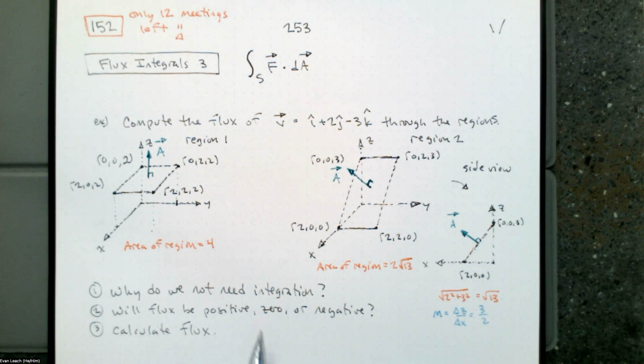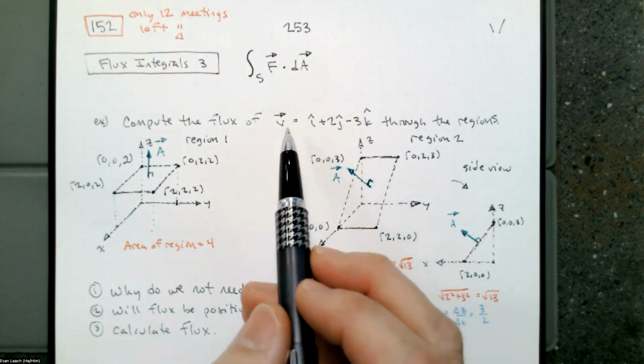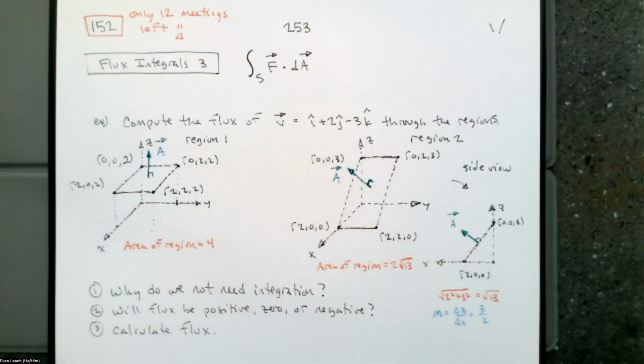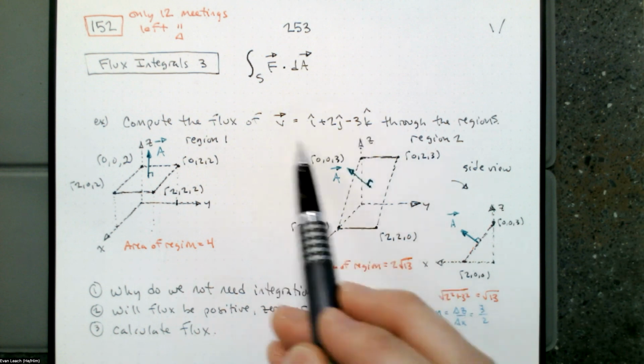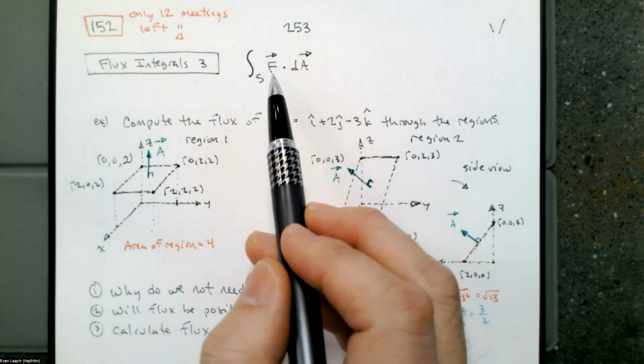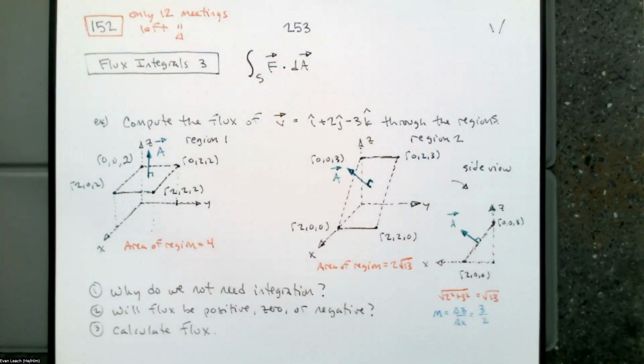The reason that we don't need integration is two. There are two reasons. Number one, the vector is constant. And so that's not continuously variable. Continuously variable factors, that's what triggers integration. So first factor, our vector, which is the vector field part, is constant.